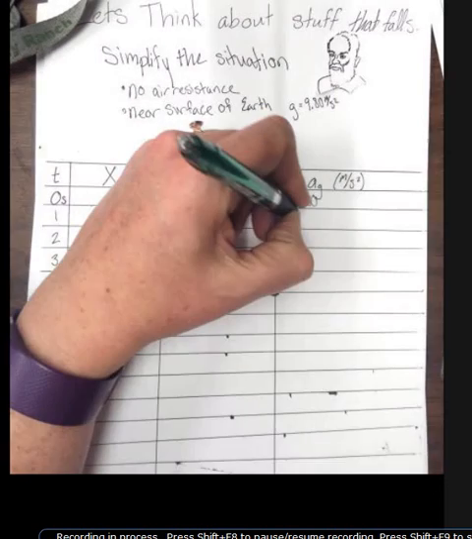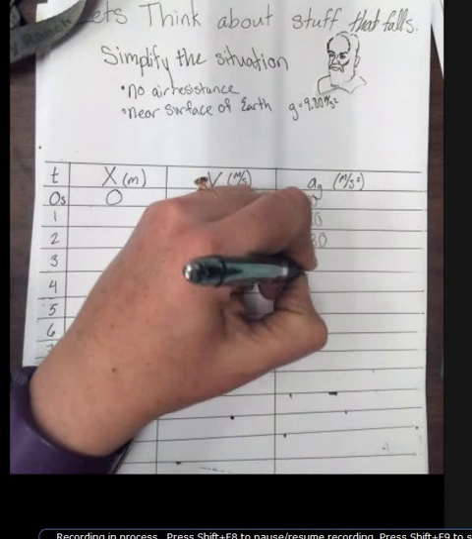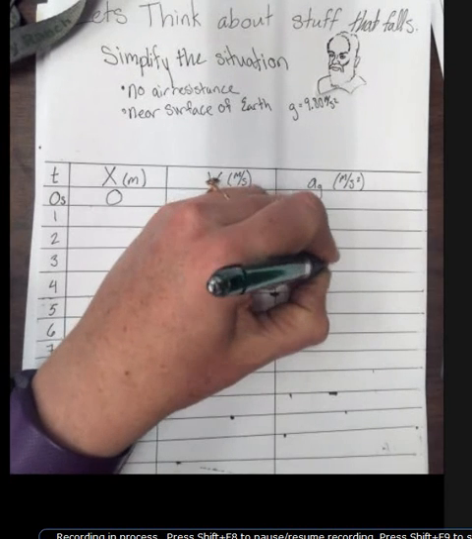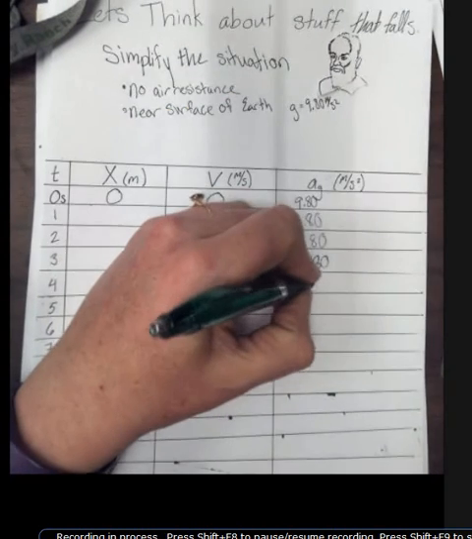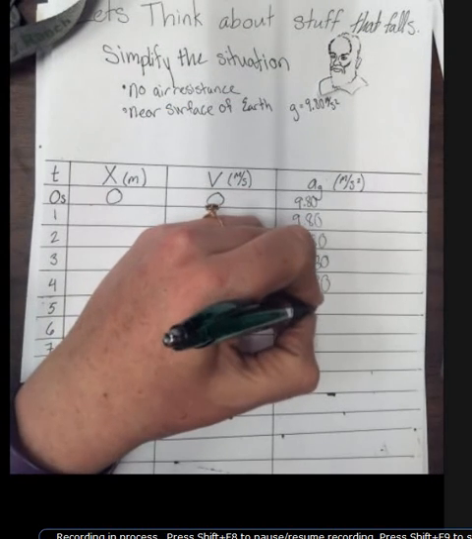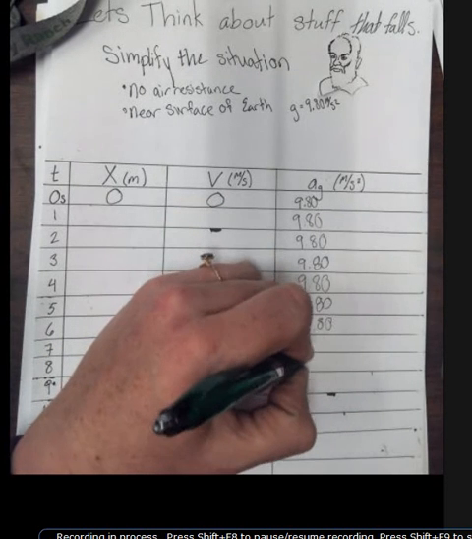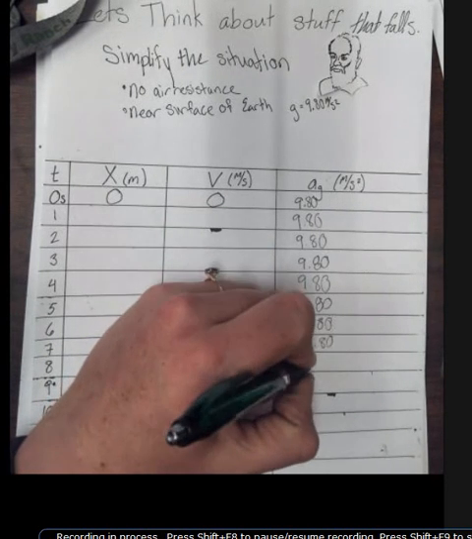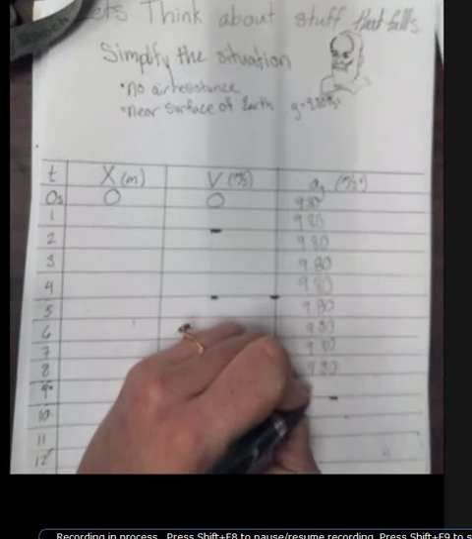It's going to be 9.80 for every single second, in meters per second squared. So you're going to fill out 9.80 meters per second squared for all 30 values, because we're neglecting air resistance.